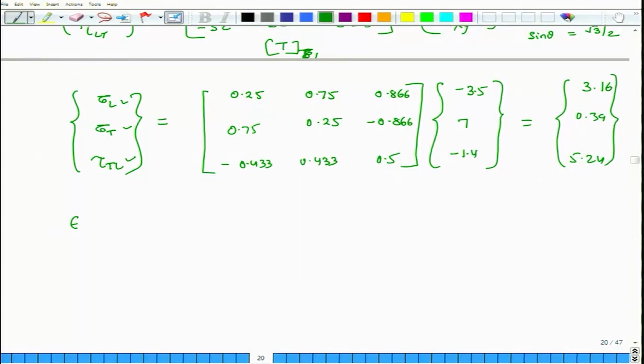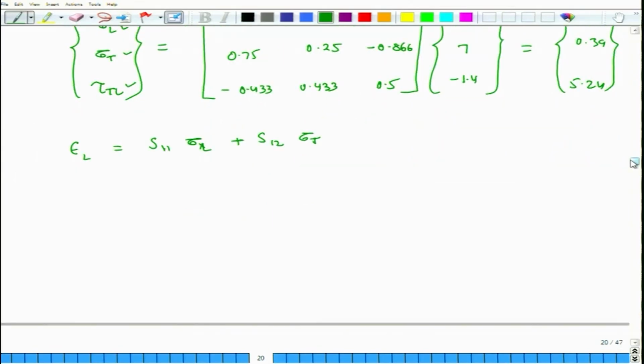We know that epsilon L equals S11 sigma L plus S12 sigma T. S16 is 0, right? And S11 and S12 we have already shown how to calculate from engineering constants. So, this works out to be something.